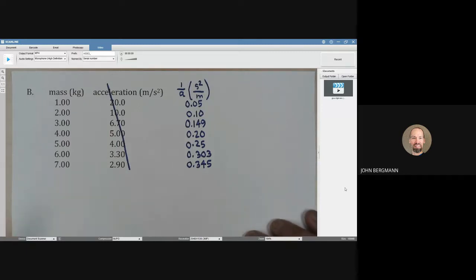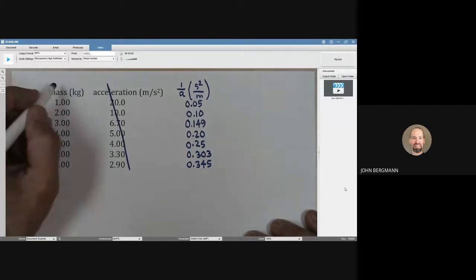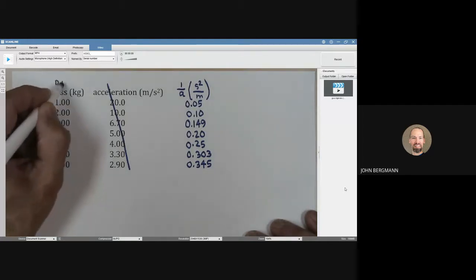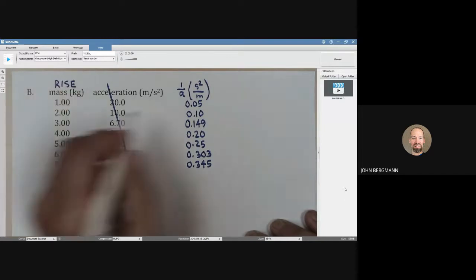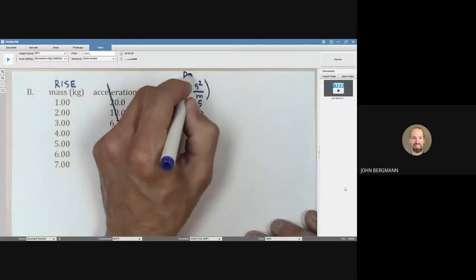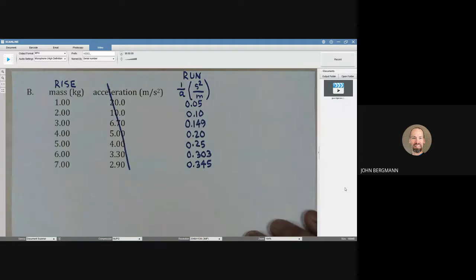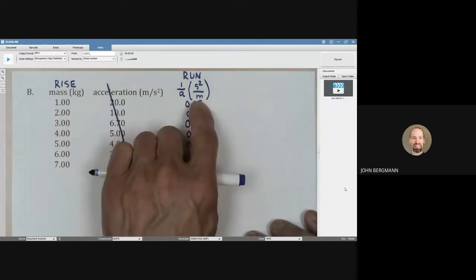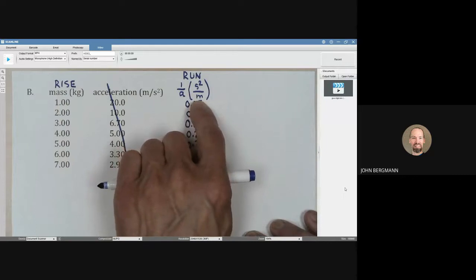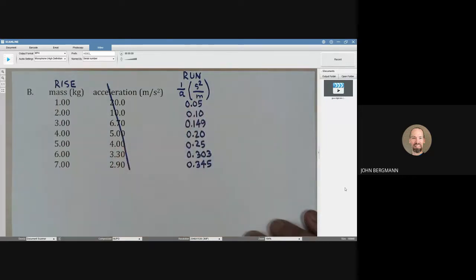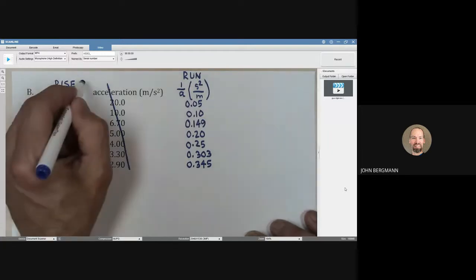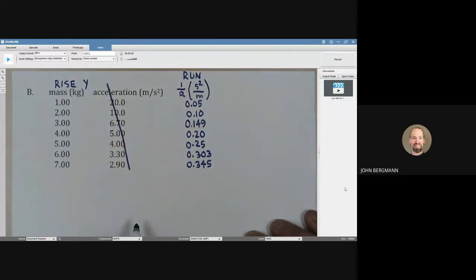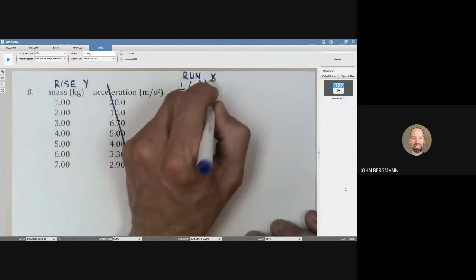So a kilogram meter per second squared is a Newton, and that means if we have kilograms as the rise and we have that column as the run, if you take kilograms and divide by this, I hope that you see that you get the unit kilogram meters per second squared, which means these are going to be our Y values in our calculator, and these are going to be our X values.